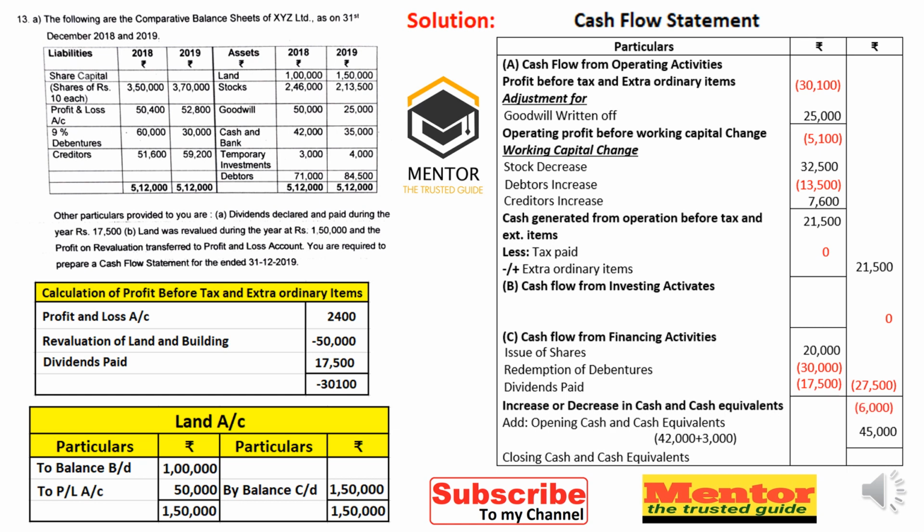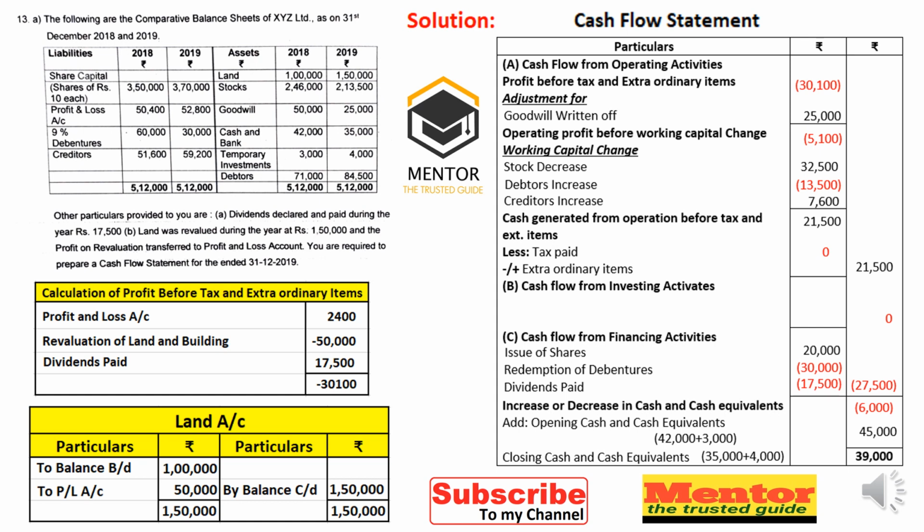Make the summation of the outer column three values, that is minus 6,000 we are getting. Minus 6,000 refers to the increase or decrease in cash and cash equivalents. To that we will add opening cash balance 45,000, then the resultant figure is 39,000. This 39,000 is the closing cash balance. How did we get it? 35,000 plus 4,000 temporary investment.